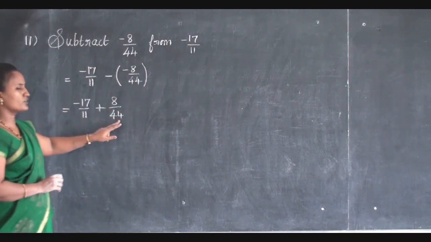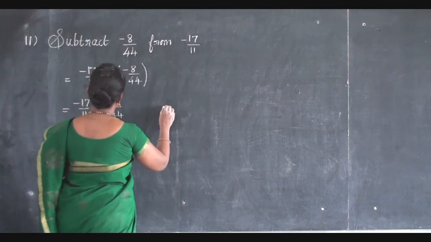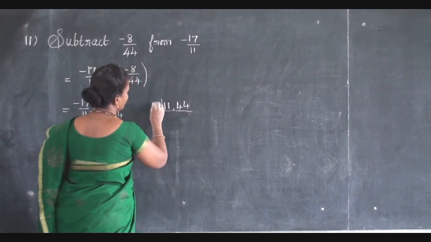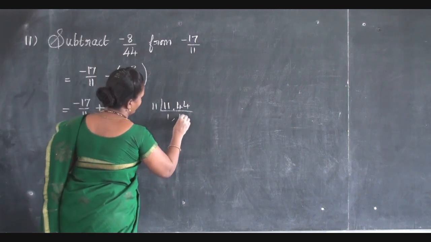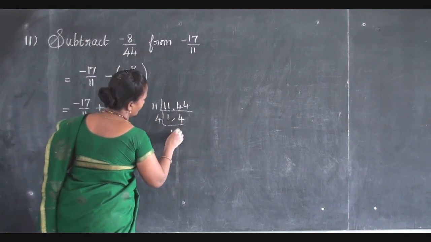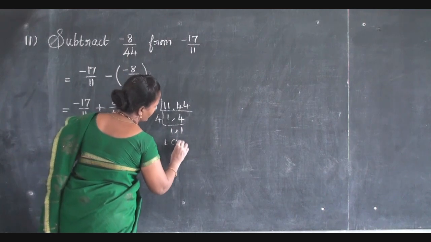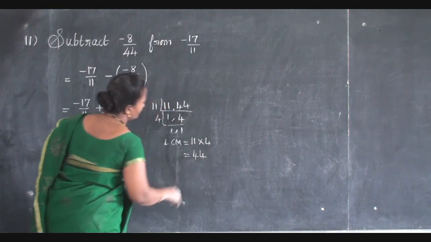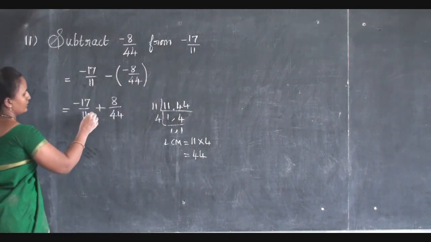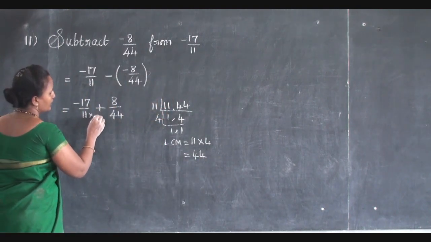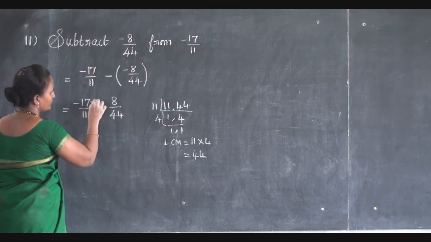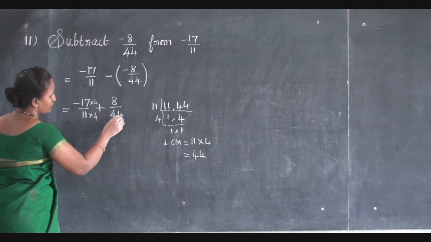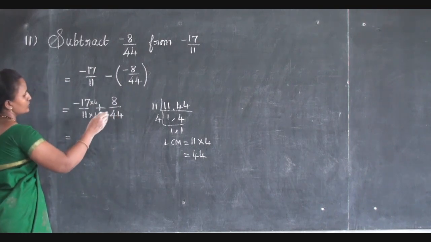Here the denominators are not equal. So take LCM of 11 comma 44. So LCM equal to 11 4s are 44. Here multiply by 4 we get 44. Here also multiply by 4. 44 is already here, so no change there.